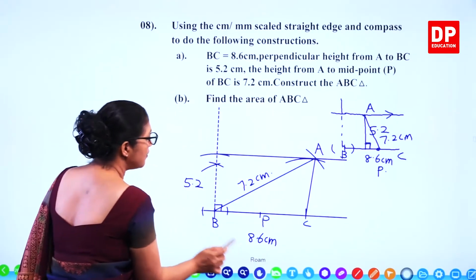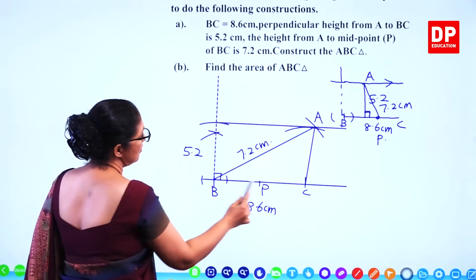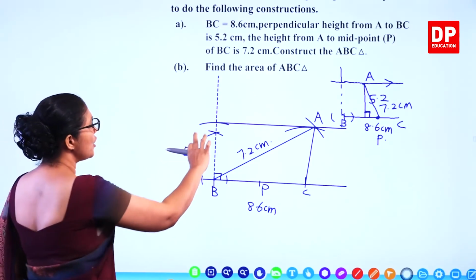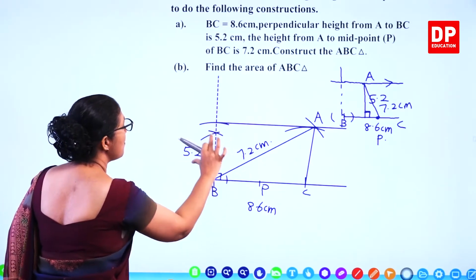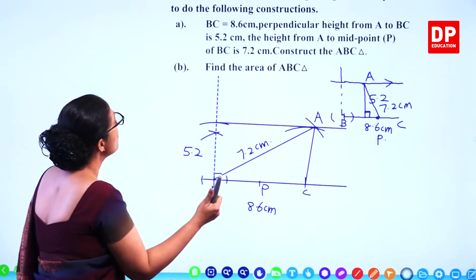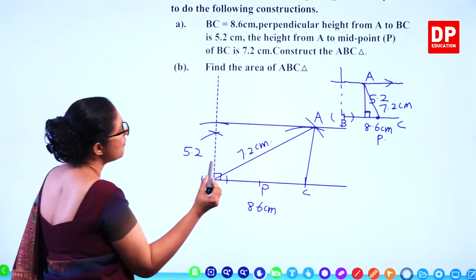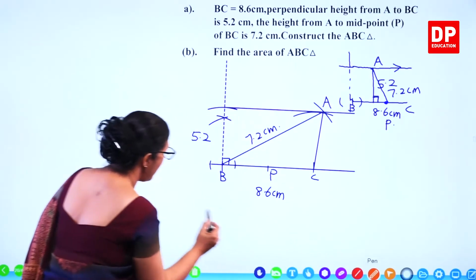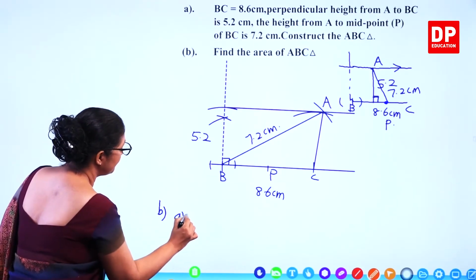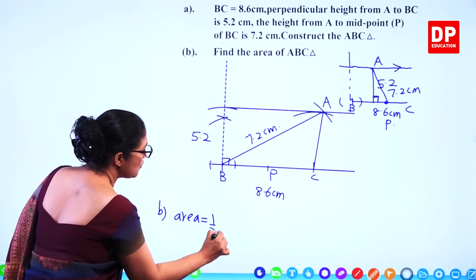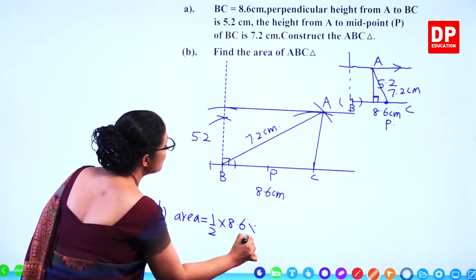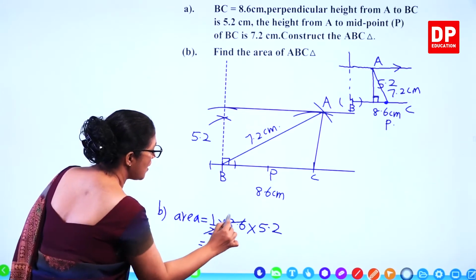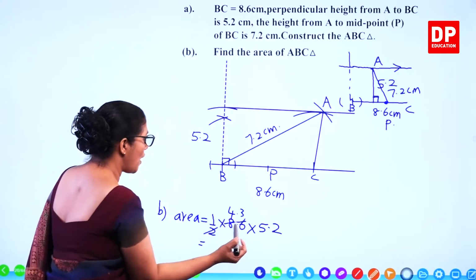How do you find the area? So we know this is an obtuse angle triangle, but we need the base and the perpendicular height. Base is 8.6 and perpendicular height is 5.2. So what's the area? We can easily find the area. So I can write here, area becomes half times base 8.6 into perpendicular height 5.2. 2 times here, 4.3 times 5.2.